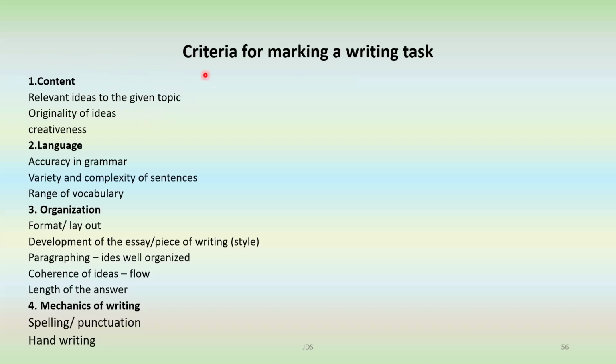Then we come towards the criteria for marking a writing task. When we assess the learner's writing task, we need to give marks for the content, language, organization, and mechanics of writing. Now remember, we talked about this CLOG. The same CLOG is observed here as well, but you didn't have the word language being used over there.